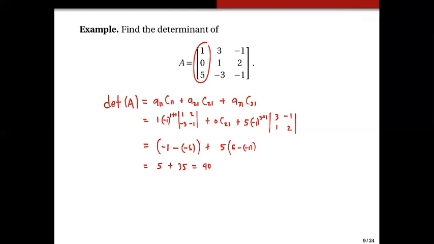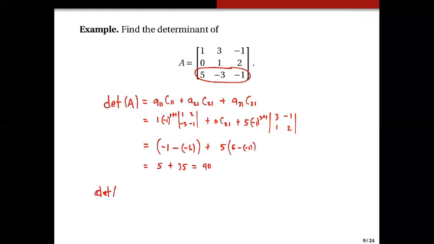Now, to verify the theorem, suppose let us use another column or row. In particular, let us just use this row here, row 3. So the determinant of A can also be calculated using that expansion.